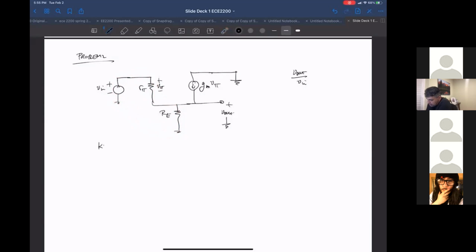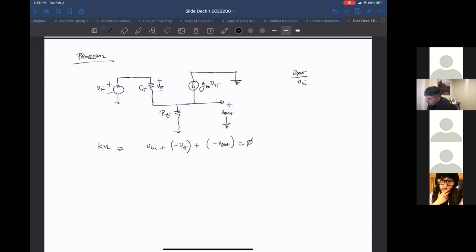So KVL for that node would be V in plus, notice again, V sub pi is the opposite polarity, so we have to call it a negative voltage, minus V sub pi. And then V sub out is also plus minus here, which is the opposite polarity to V in, so that's also got to be minus V sub out.